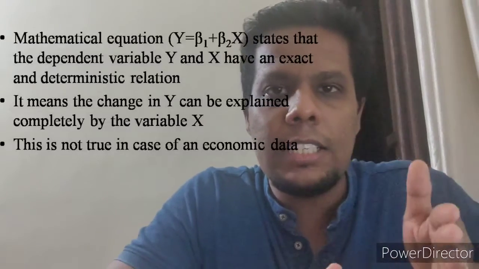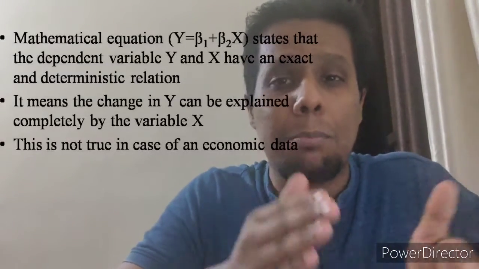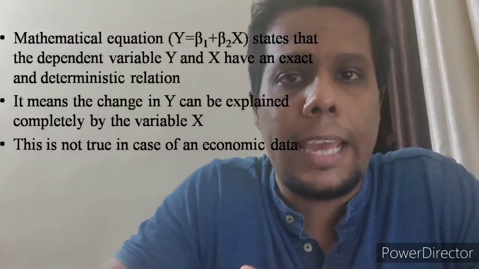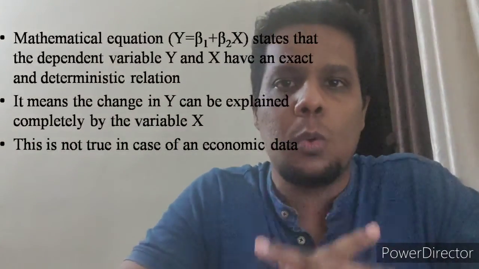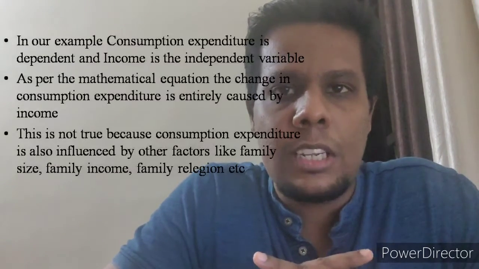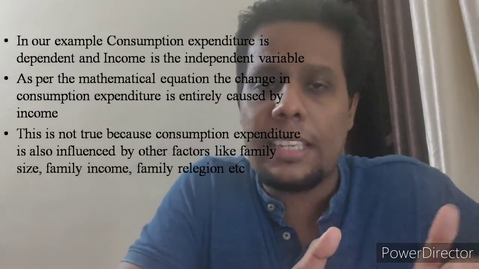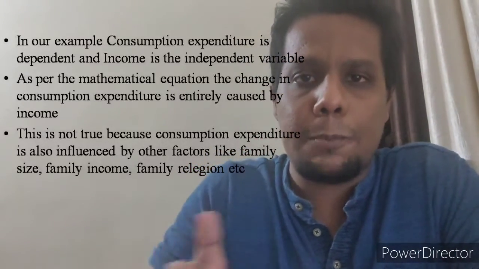That means the changes happening to y can be completely and exactly defined by the independent variable x. Moving to our example, in the theory of consumption, the dependent variable is the consumption expenditure and the independent variable is income.